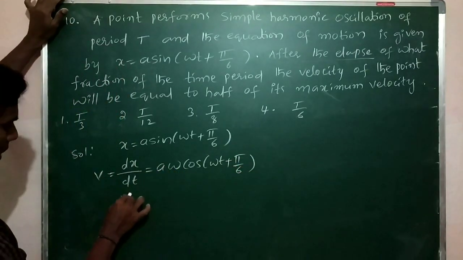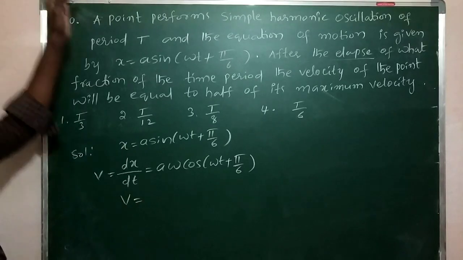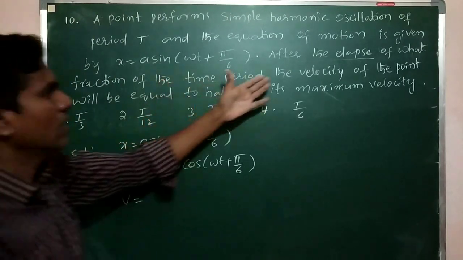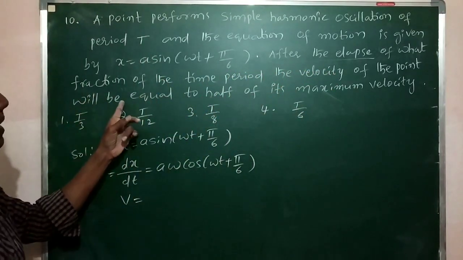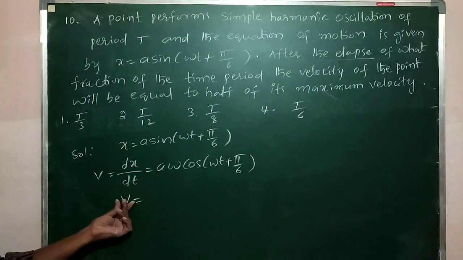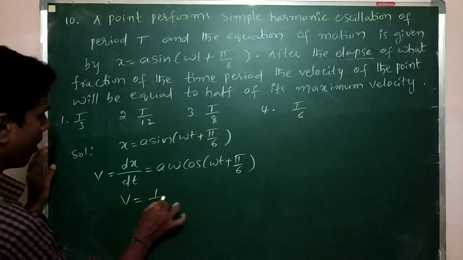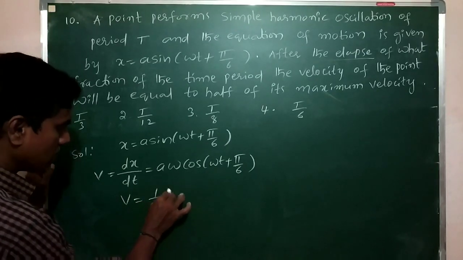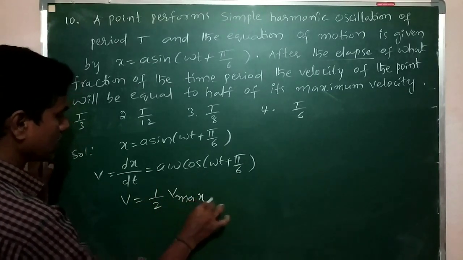Now what is the condition given in the question? The velocity of the point will be equal to half of its maximum velocity. Velocity is equal to half of V max.